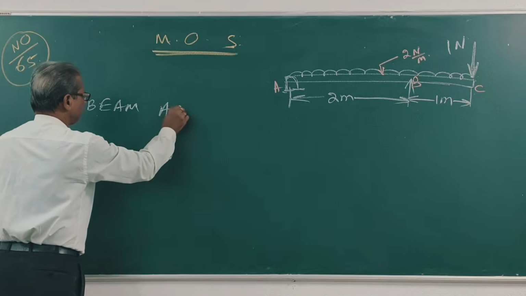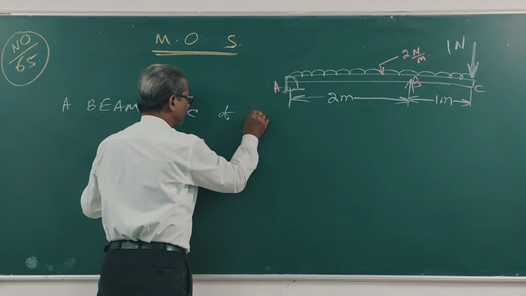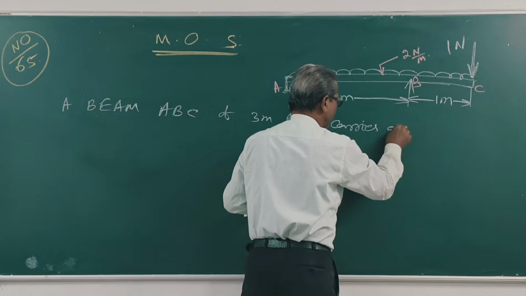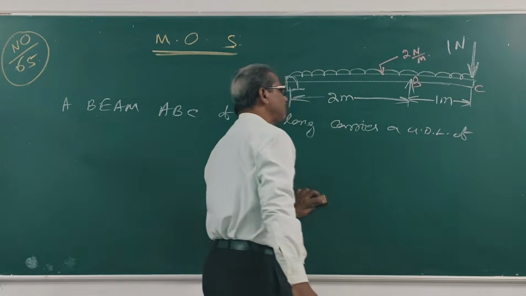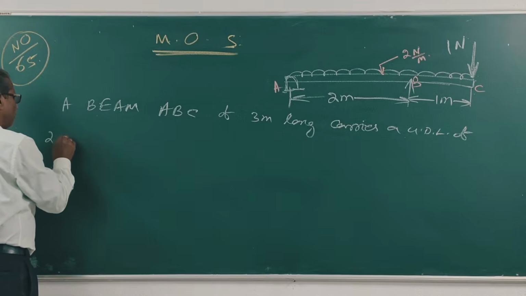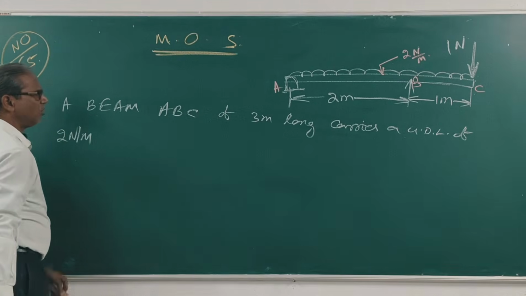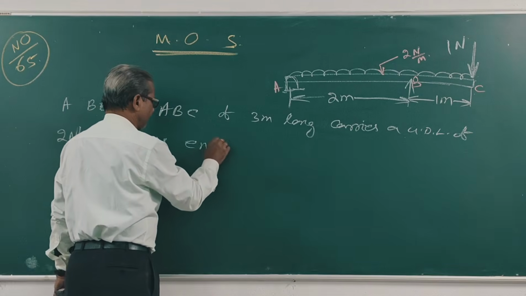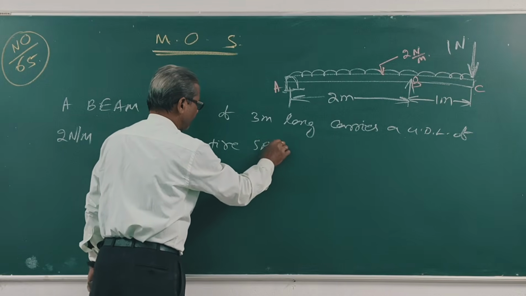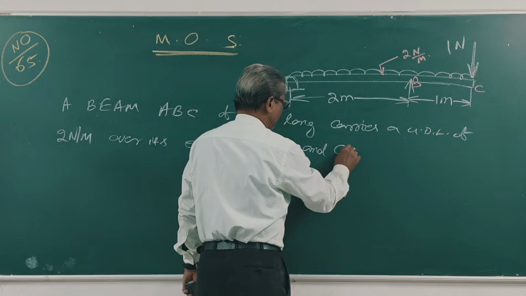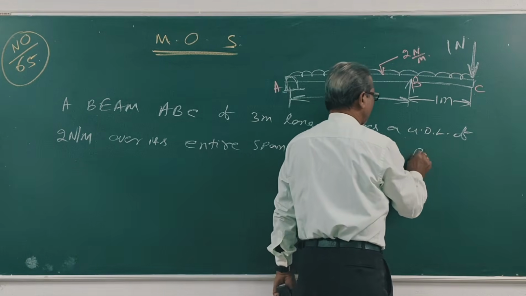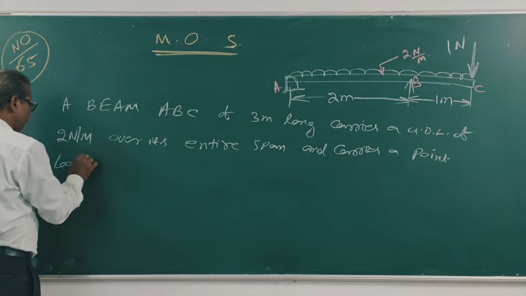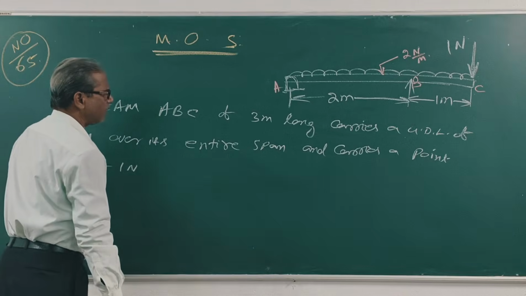The question is, a beam ABC of 3 meter long carries a UDL of 2 Newton per meter over its entire span and carries a point load of 1 Newton at its free end.